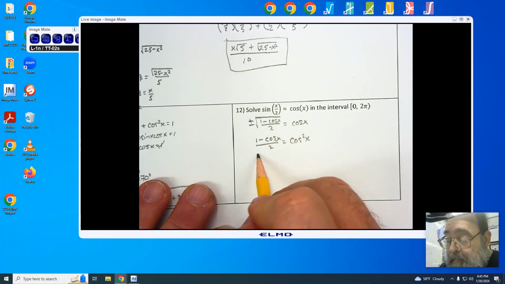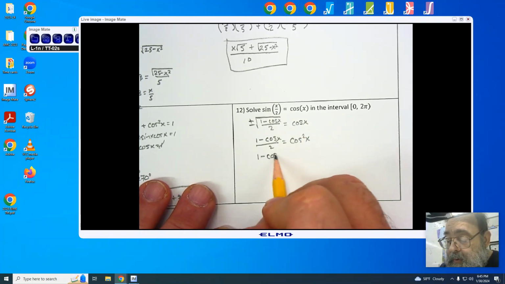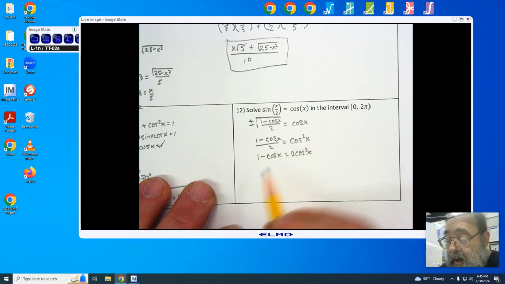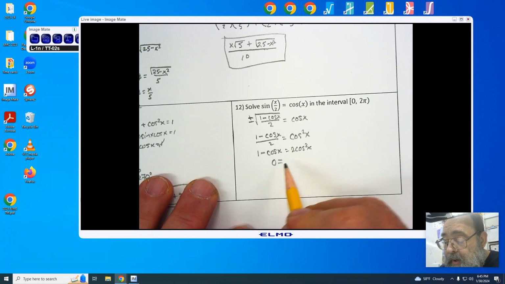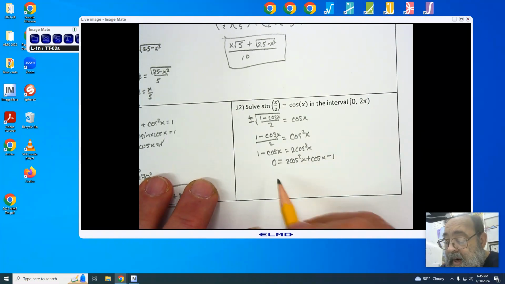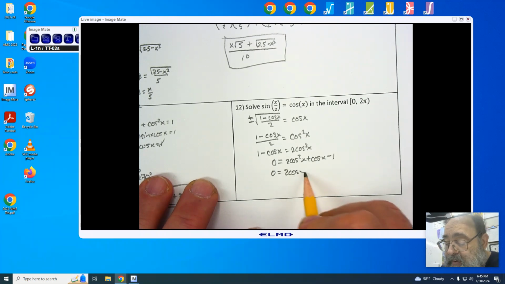I'm going to multiply both sides by 2. Cosine x is equal to 2 cosine squared x, and I'm now going to move everything over so it equals 0: 2 cosine squared x plus cosine of x minus 1. I can now factor it like a quadratic. So 2 cosine of x, I know I'm going to have a 1.